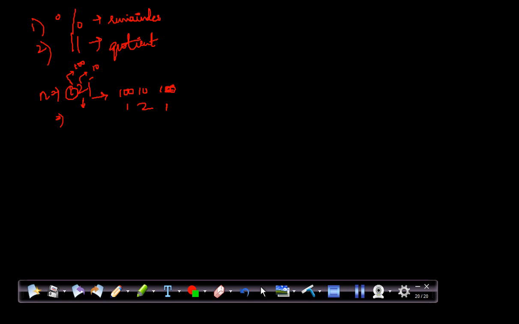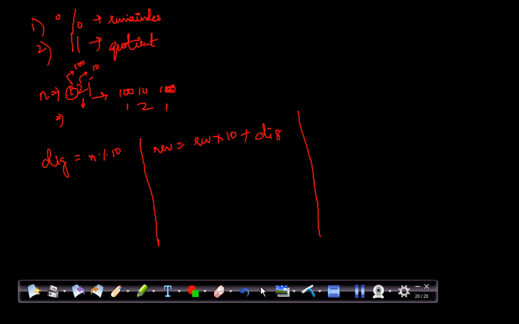So first let us take the digit which is equal to n mod 10, and reverse is equal to reverse into 10 plus the digit, and n is equal to n floor operated by 10.